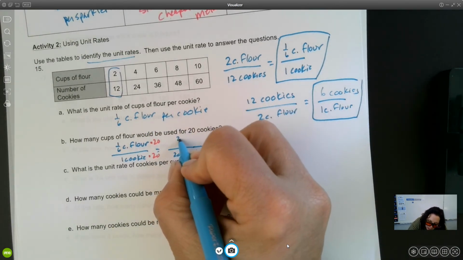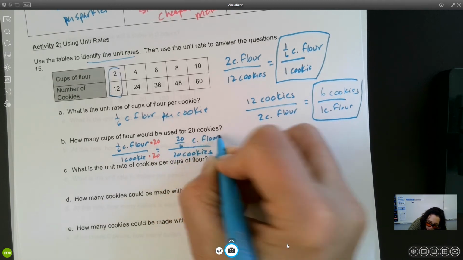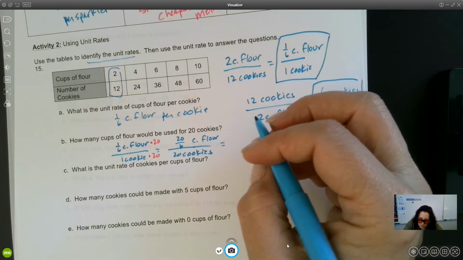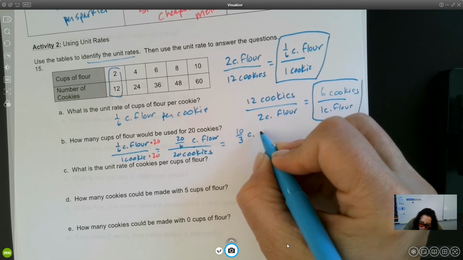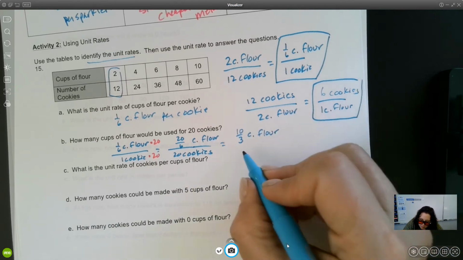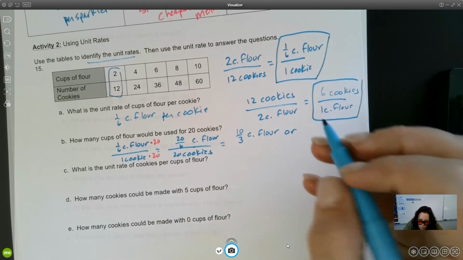So we would have 20/6 cups of flour, which is equal to, I would accept either 10/3 cup flour or 3 1/3.